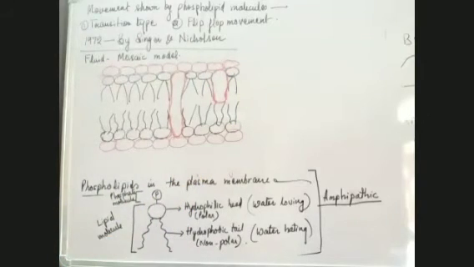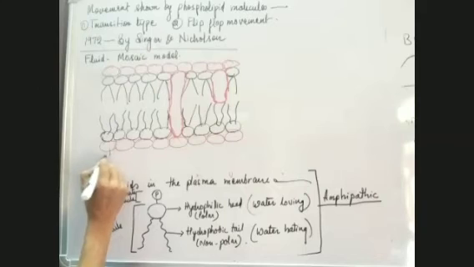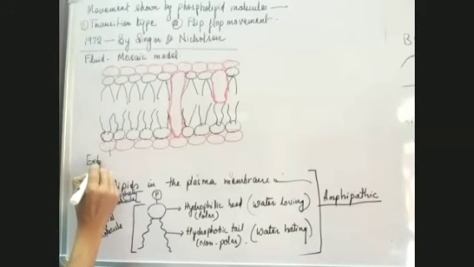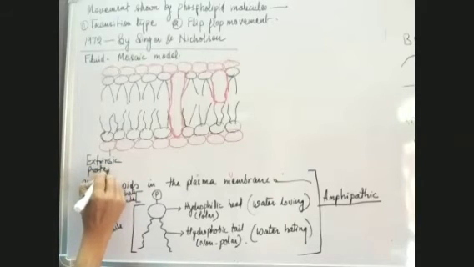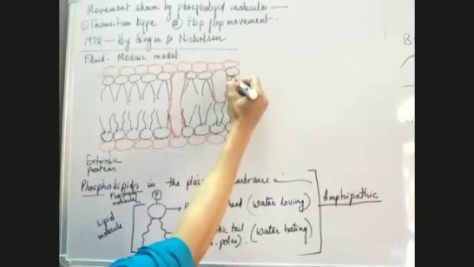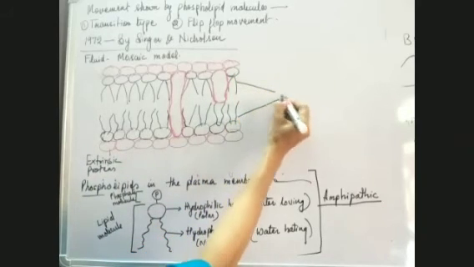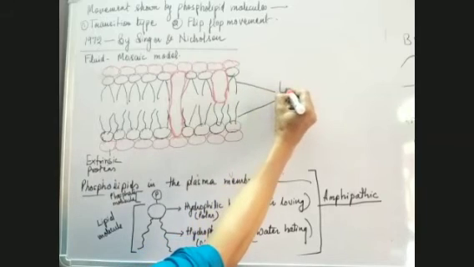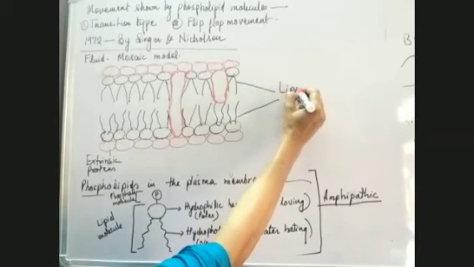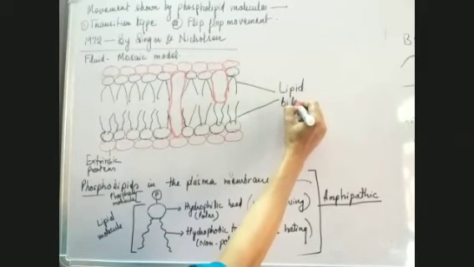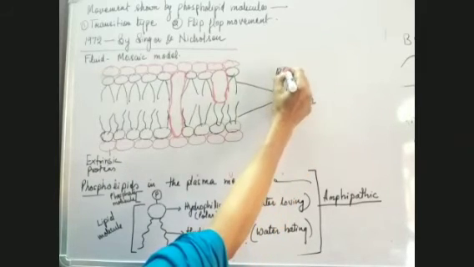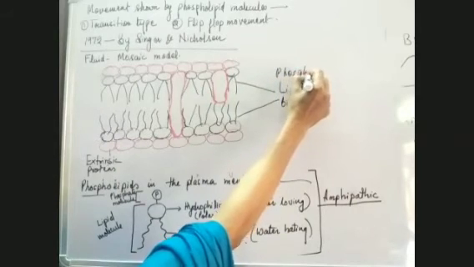So I think it is clear to you. I'll label it for you. These are extrinsic proteins. This is lipid layer, this is lipid layer. So two layers are there. We call it lipid bilayer or phospholipid bilayer.